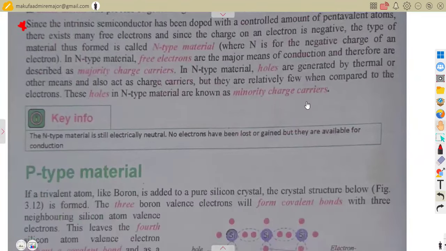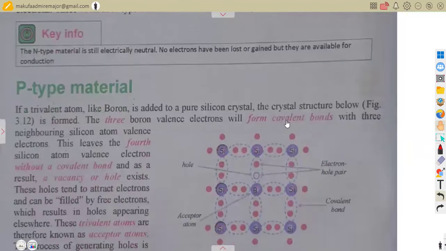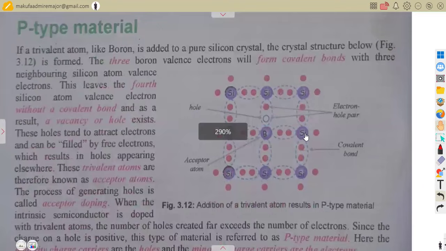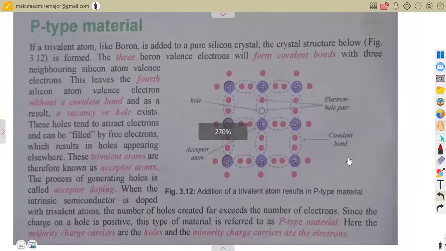Then the P-type, it means at the end we are supposed to be in short of electrons. That is to have a hole.